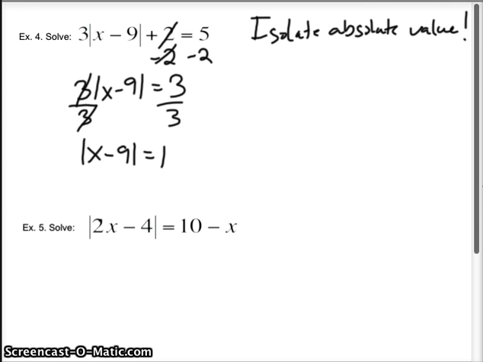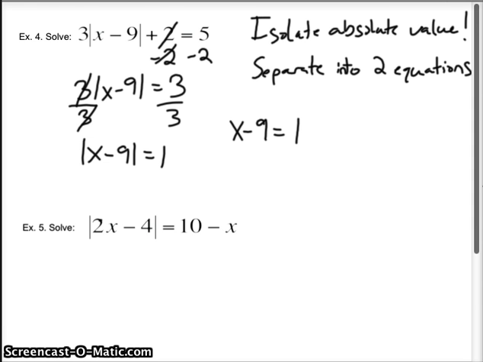Perfect. Now, once you do that, now you separate it into your 2 equations. All right? So, what this is telling me, x minus 9 could actually be 1.